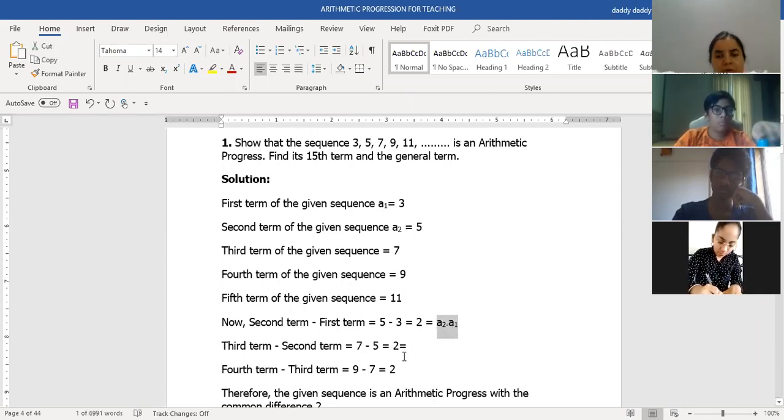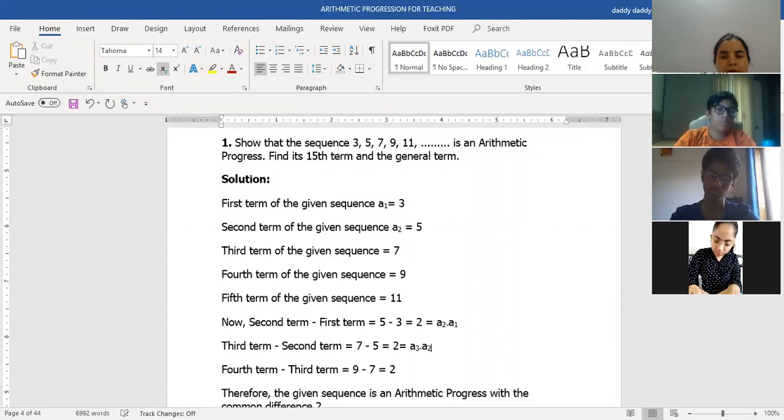A3 minus A2, like this. Over here also, 9 is the fourth term, so it is A4 minus A3.